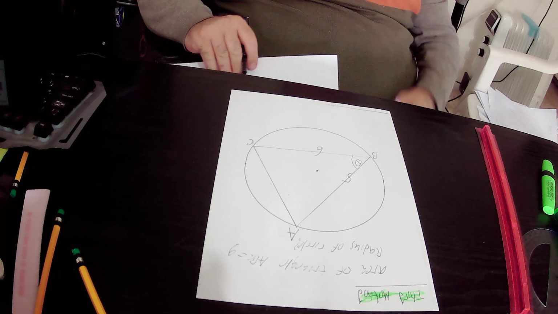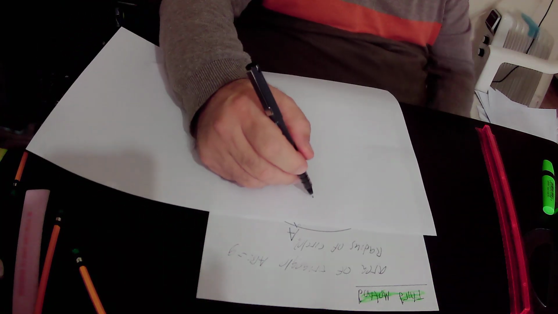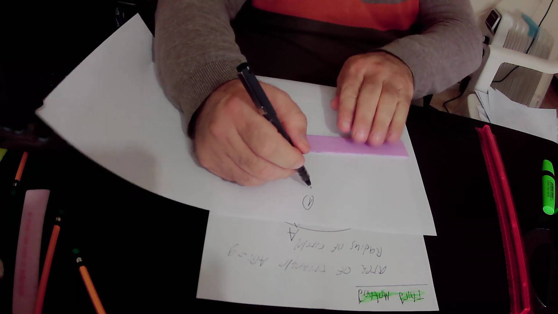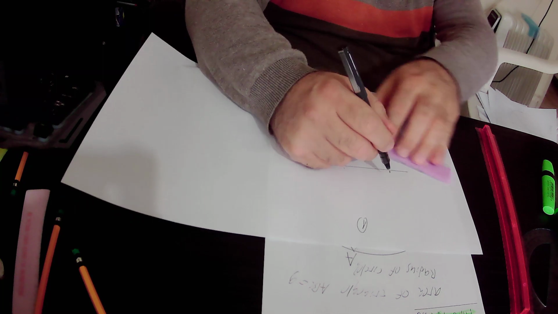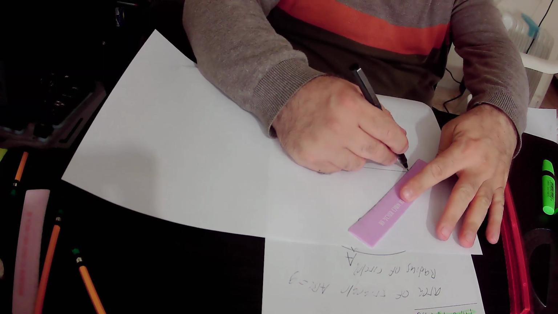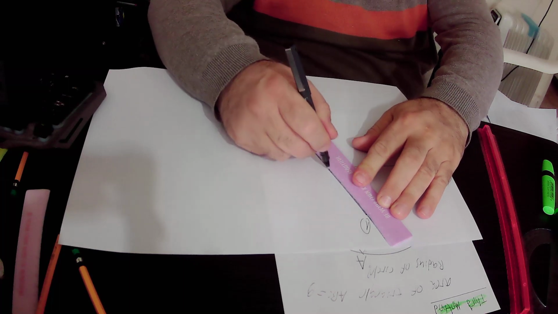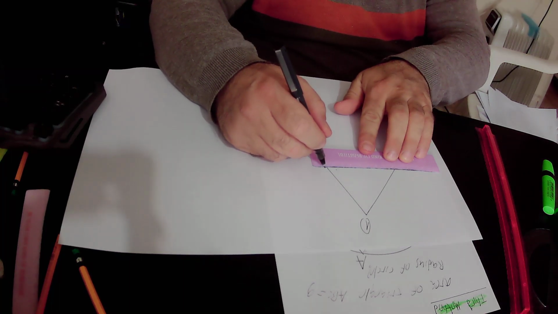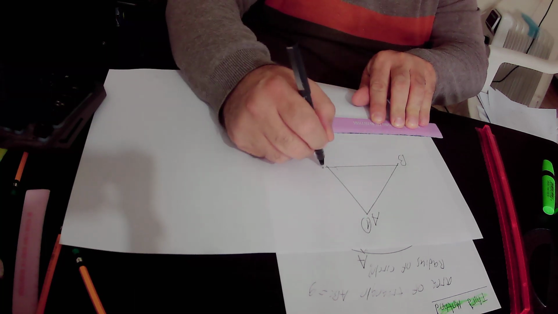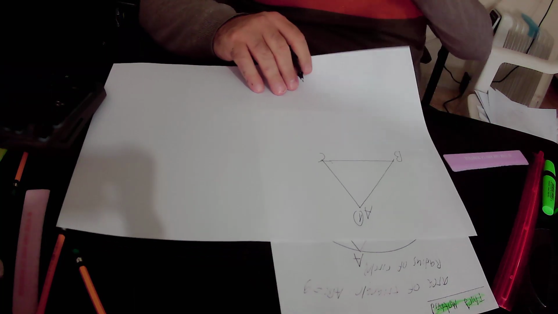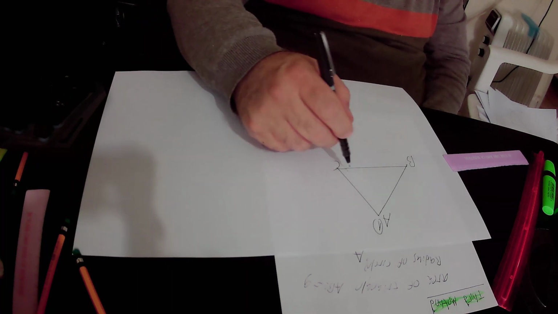Actually, we have a special formula to find the area of any triangle. If we have triangle ABC, that could be any triangle, the angle between side AB and side AC is theta.